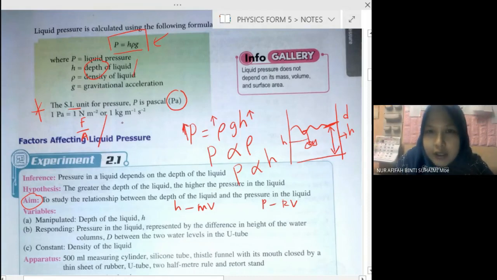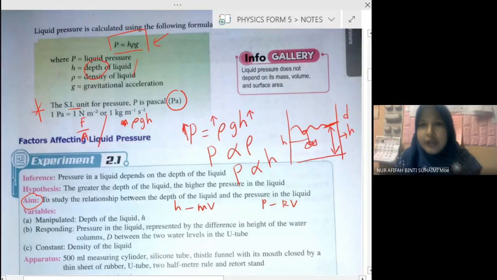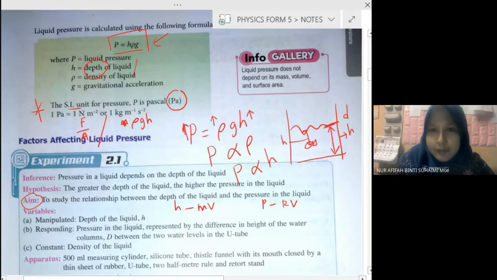Or this one comes from rho G H. Rho G H, the unit for rho is kilogram per meter cubed, since density is kilogram over volume.